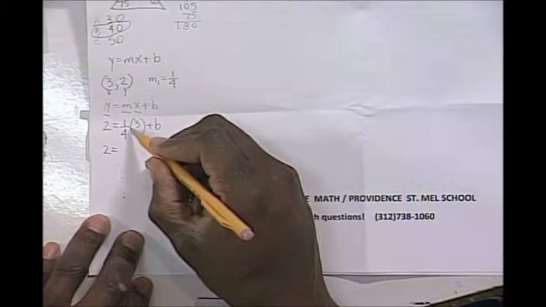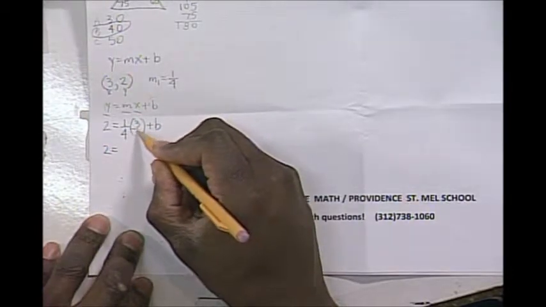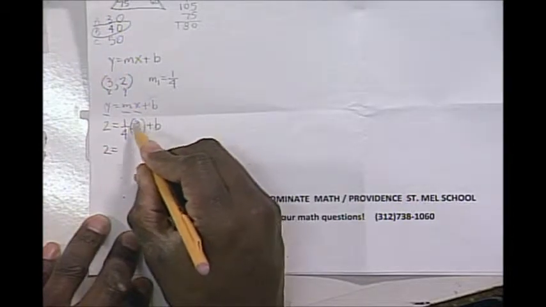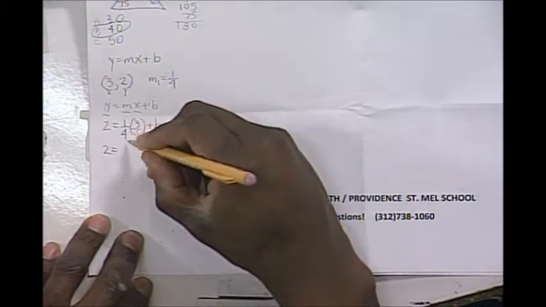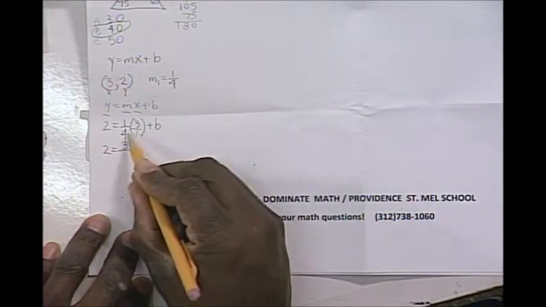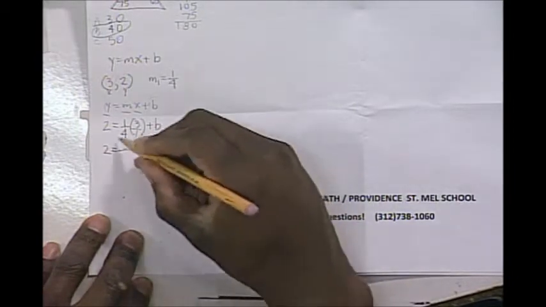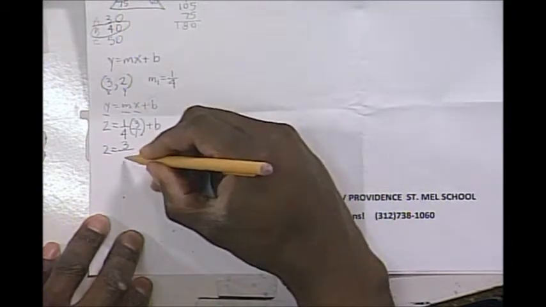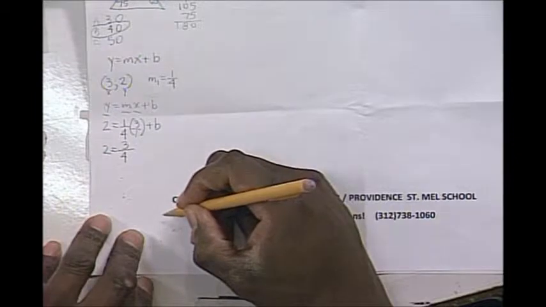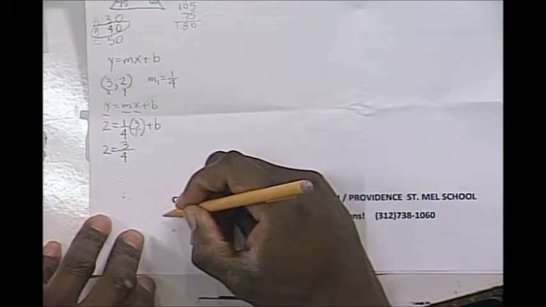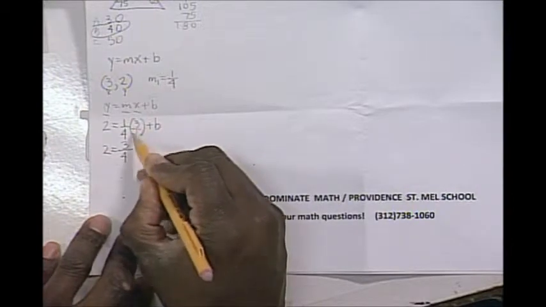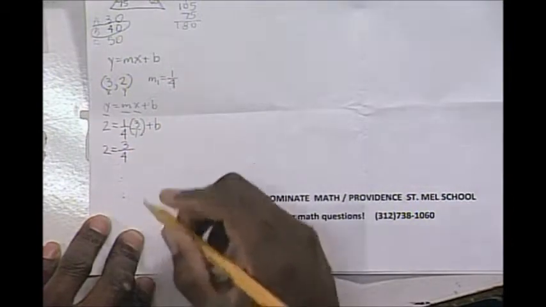The way you multiply fractions is you multiply the top numbers together. 1 times 3 is 3. And then you multiply the bottom numbers together. 4 times 1, what do you get? 4. So 3 over 4. So, Mr. Clemens, when you hang up, you're going to have to remind yourself the way you multiply fractions is you multiply the top numbers together, and then you multiply the bottom numbers together.